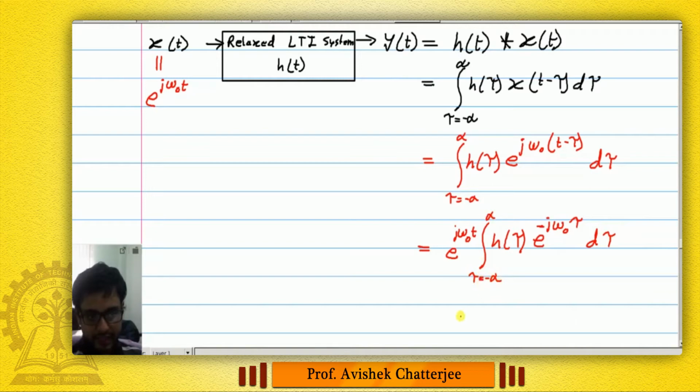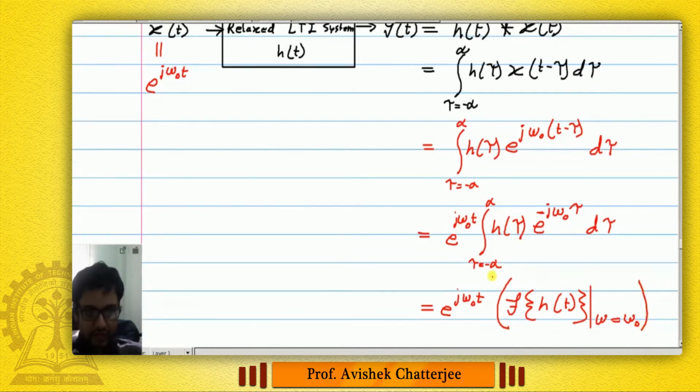Okay, then this is nothing but e to the power j omega naught t multiplied with this integration, which is nothing but the Fourier transform of h tau. So this is the Fourier transform of h t evaluated at the point omega equal to omega naught.